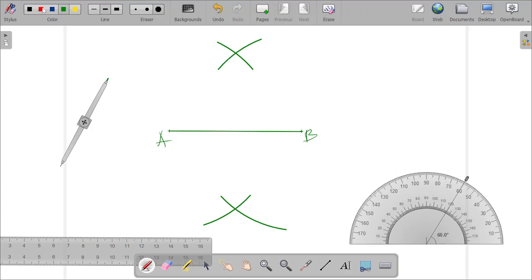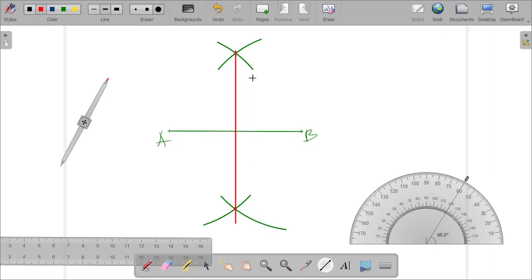Then now I have to get the point of intersection of those arcs above and below, right? So for this arc above, they meet here, right? So just mark it. Then this one meets here, so mark it. Now obviously I'm going to take my ruler and connect those points of intersection, join them with a straight line. All right, like this.